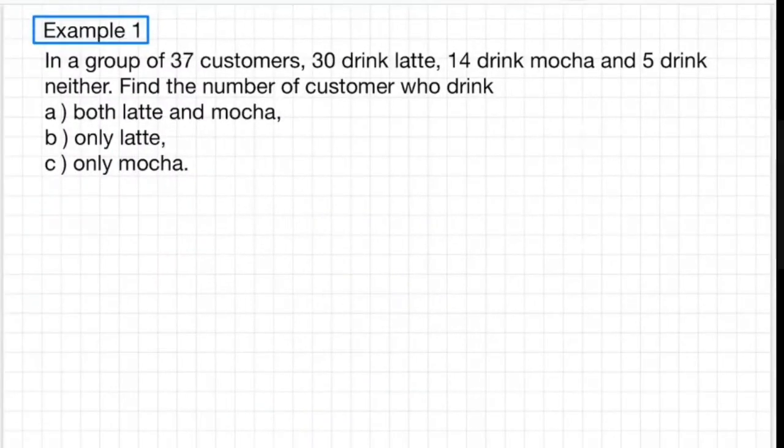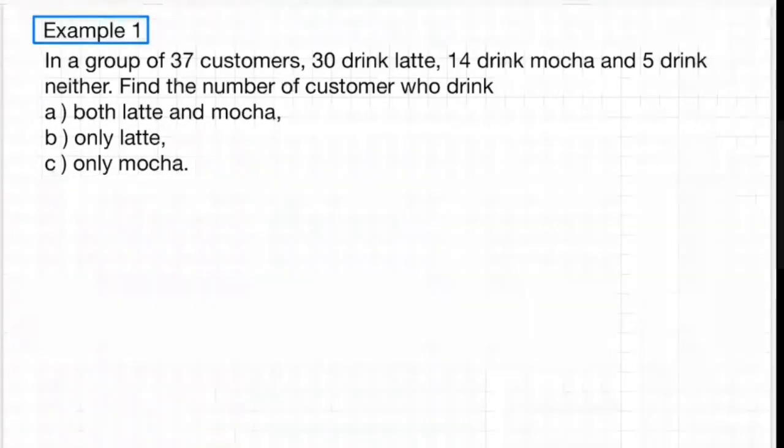Okay, let's look at this example. In a group of 37 customers, 30 drink latte, 14 drink mocha, and 5 drink neither. Find the number of customers who drink A, both latte and mocha, B, only latte, and C, only mocha.